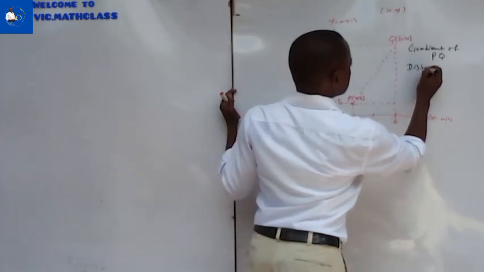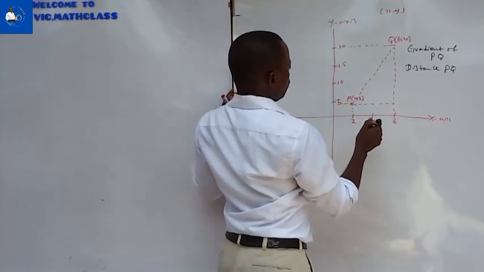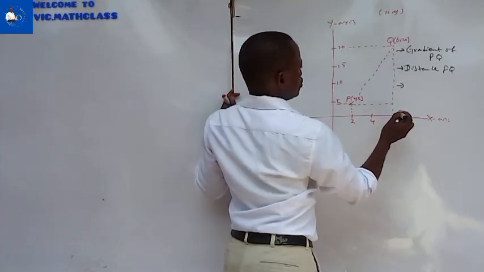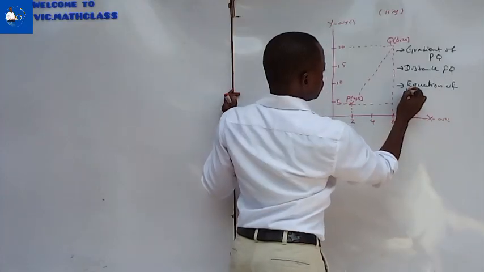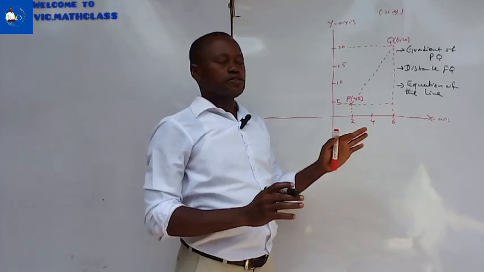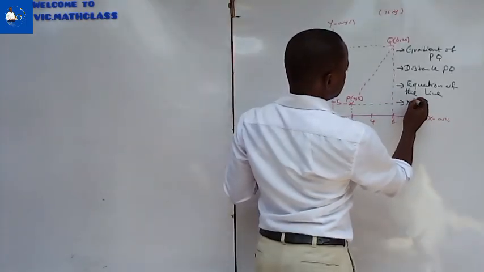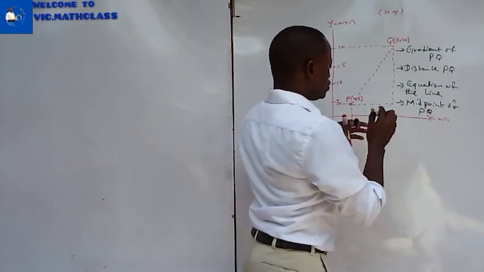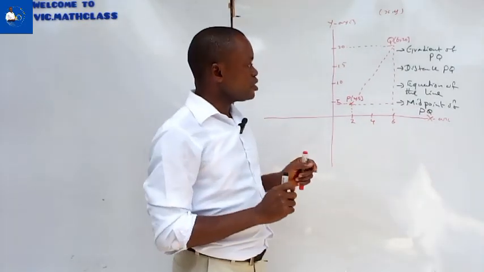Distance PQ. We can also be required to find, that's 1, this 2, number 3, the equation of the line. And again, the midpoint. We can also find the midpoint of PQ.